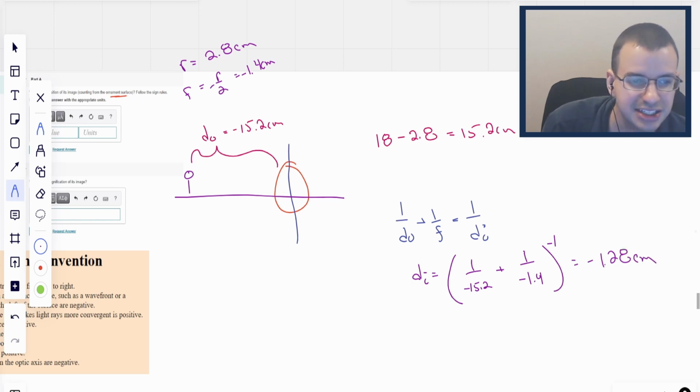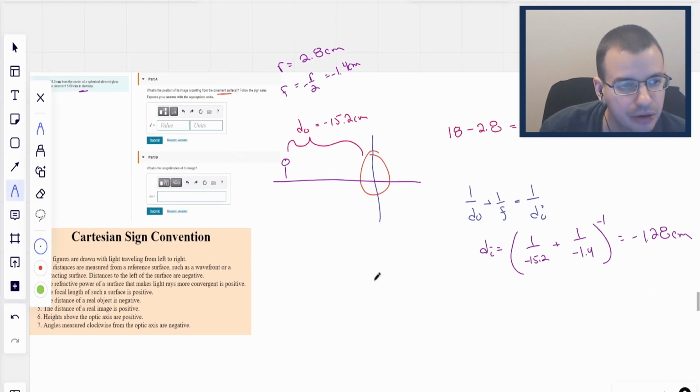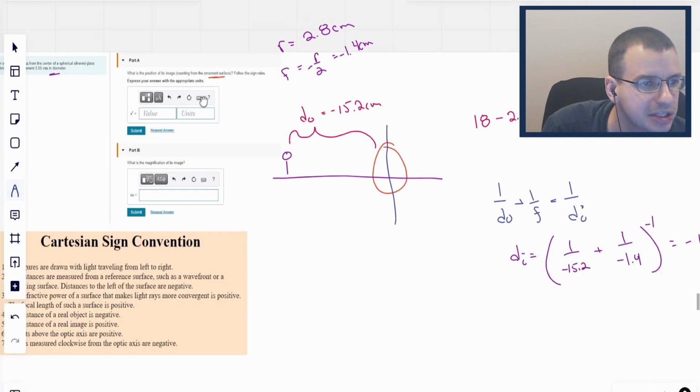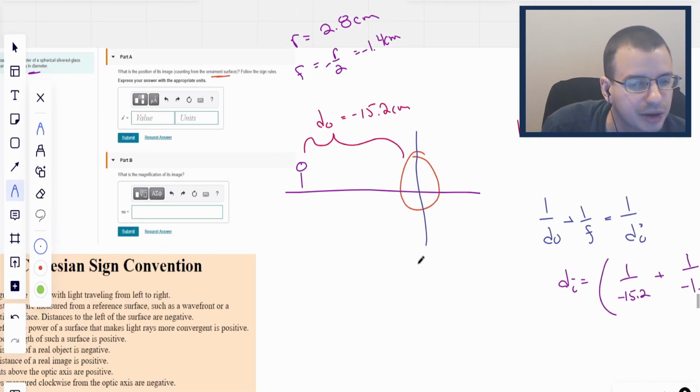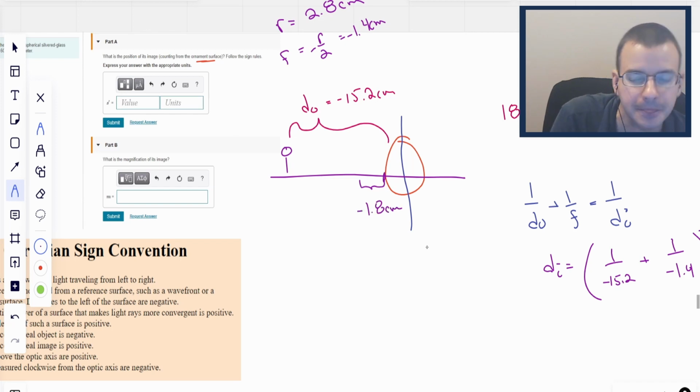That's going to be our distance image. Okay, so now, we want to know what is the position of its image counting from the surface. And so it's going to be a distance, since we're counting this as the surface right here, 1.28 centimeters.